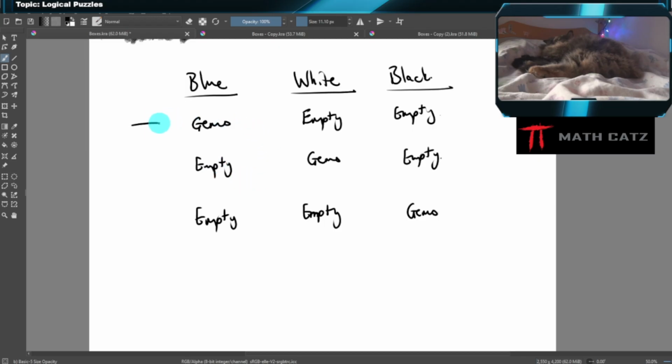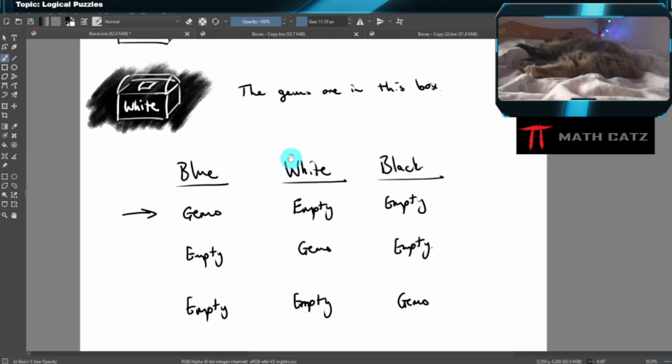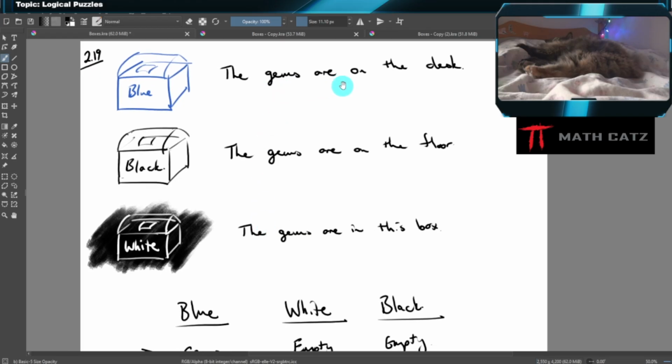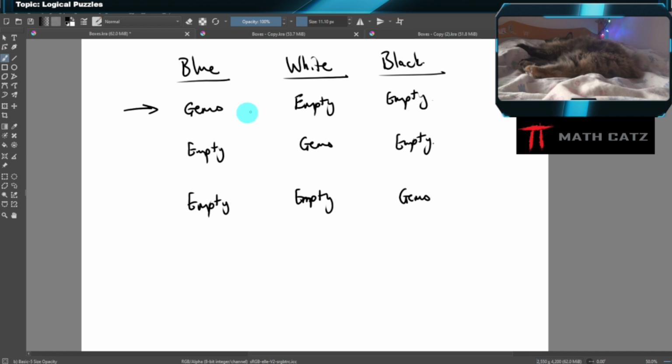So now I'll just start at the top and explore if this first row is possible. So now I have to, of course, remember what the boxes are saying. Blue says the gems are on the desk. Well, in this scenario, no, the gems are in blue, so that's false.